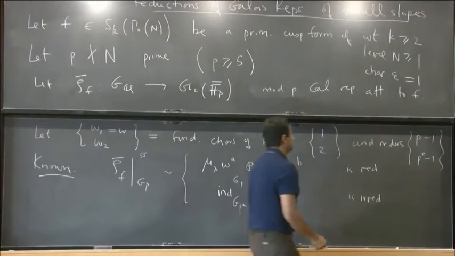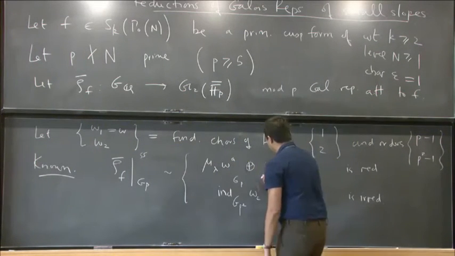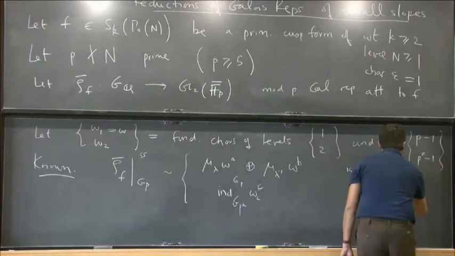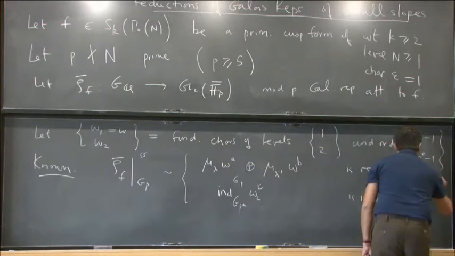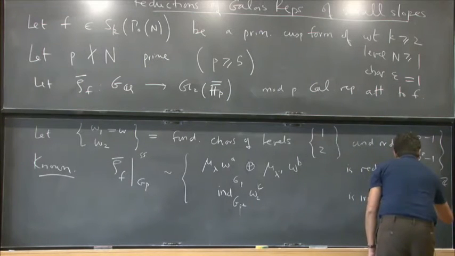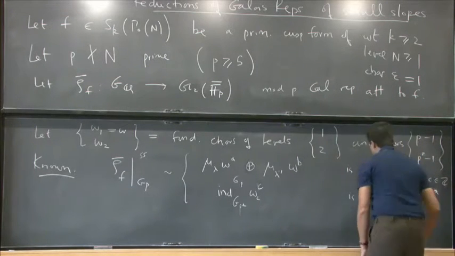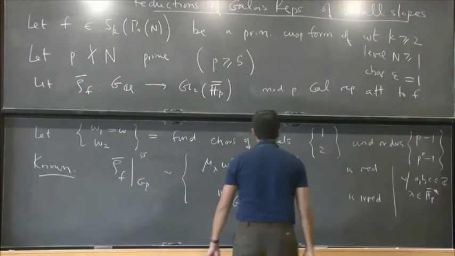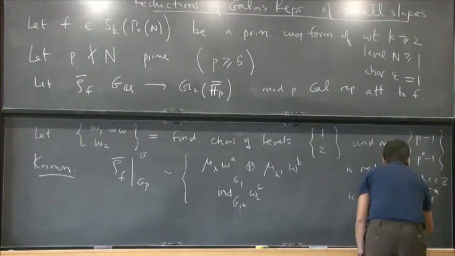So where a and b are integers, maybe c, lambda is in F_p bar, a non-zero element, and this mu lambda is just this unramified character.